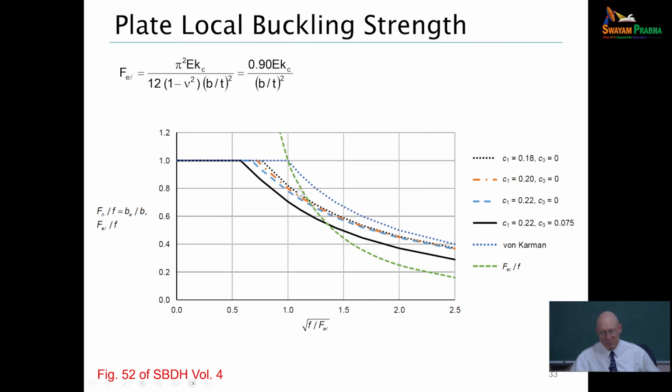However, here in this intermediate range, we've got a residual stress and geometric imperfection problem, and these equations from Professor Winter are basically a reduction on von Karman's predictions to account for residual stresses and geometric imperfections. So from a layman's point of view, when I have plate local buckling, it kind of looks like a column strength curve, but my strengths out here for very slender lengths are actually much larger than the elastic buckling strength.